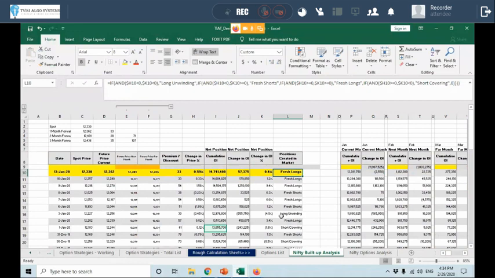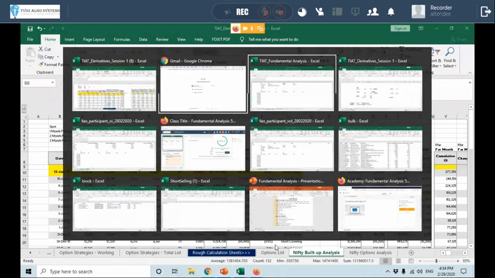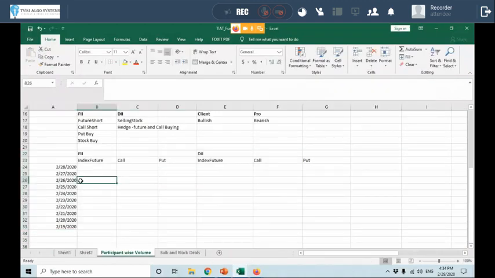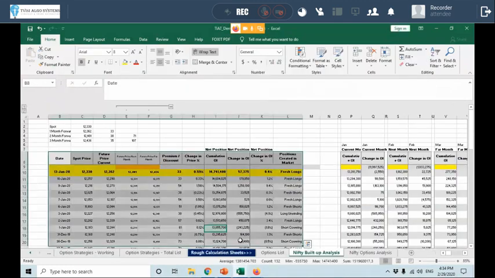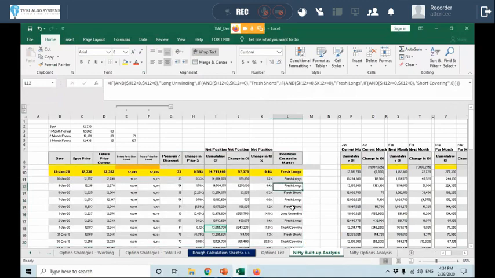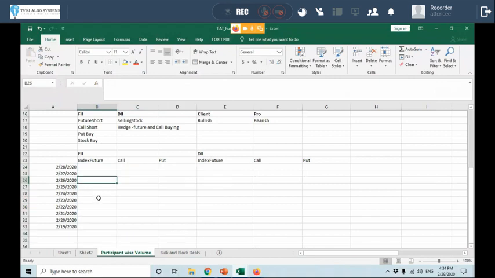I need to compare this file with what the big players are doing, especially FII and DIIs. Suppose here I am getting that there are fresh shorts, and that is confirmed by the fact that FII is shorting.